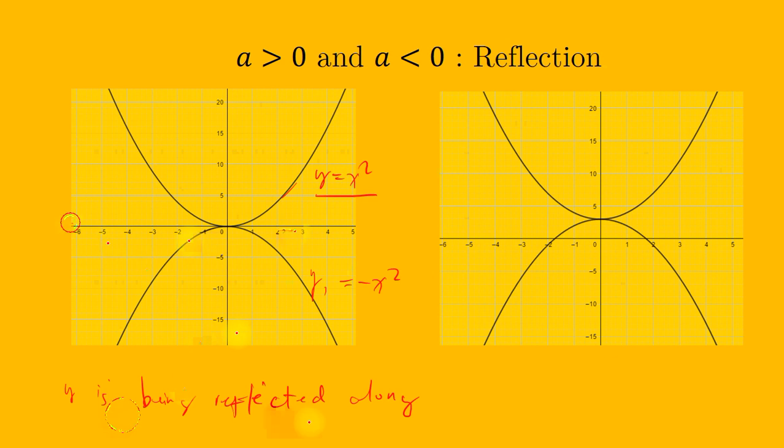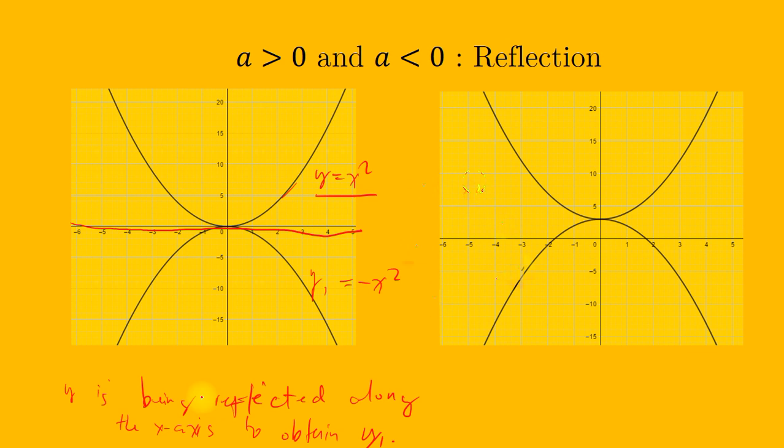Here it's the same. This one is y equals x squared plus 3. This below is just y equals negative x squared plus 3. So let us say this is y sub 2 and y sub 3.